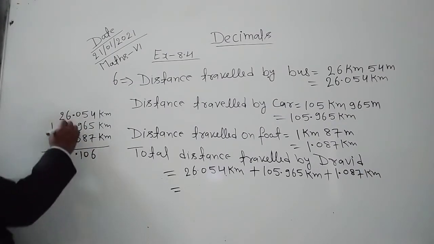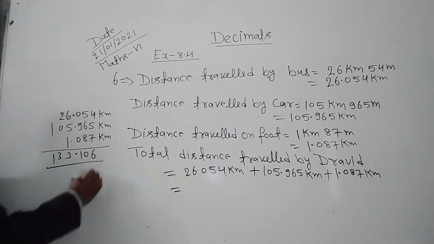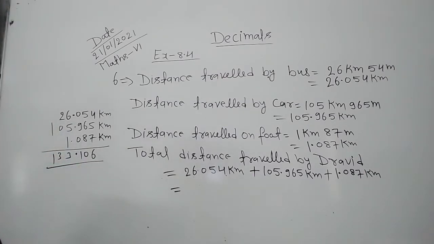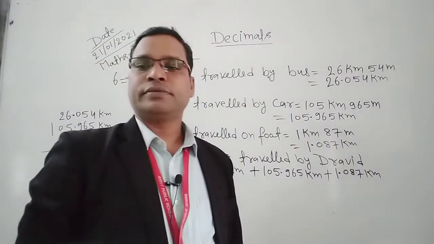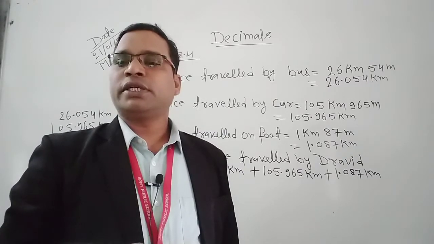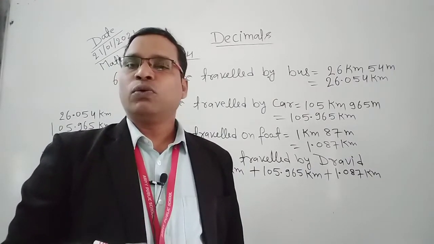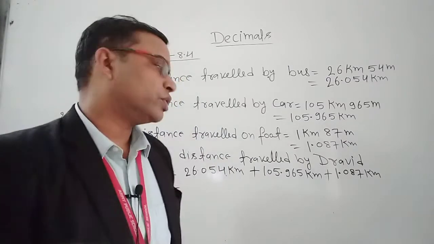Here the decimal: 6, 1, 7, 7, 5, 12, plus 1 is 13, carry 1, 2, 1, 3. 133.016 kilometer. This is clear. So here you can see the total distance traveled by Dravid is 133.106 kilometer.